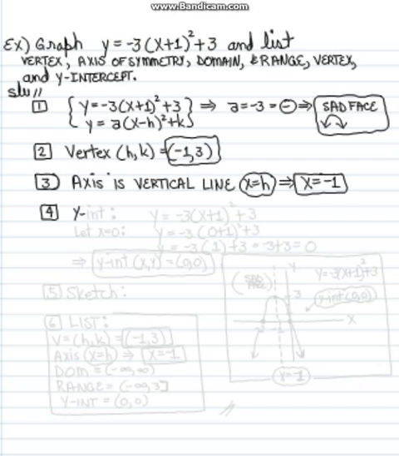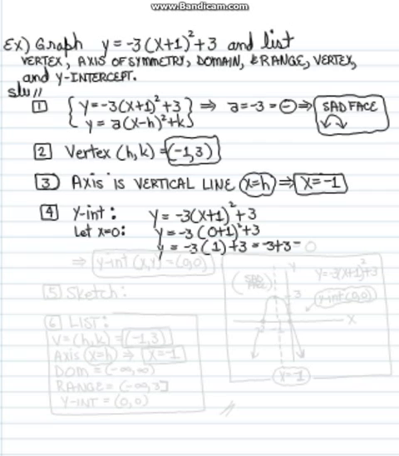Step 4 is where we find the y-intercept. We do that by taking the given equation, y equals -3(x + 1) squared plus 3, and then letting x equal 0 and solving for y. So we have y equals -3 times (0 + 1) squared plus 3. 1 squared is just 1.